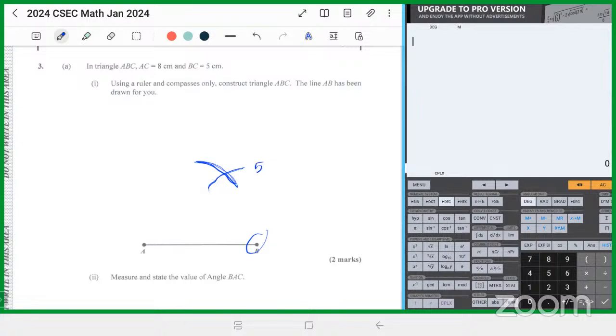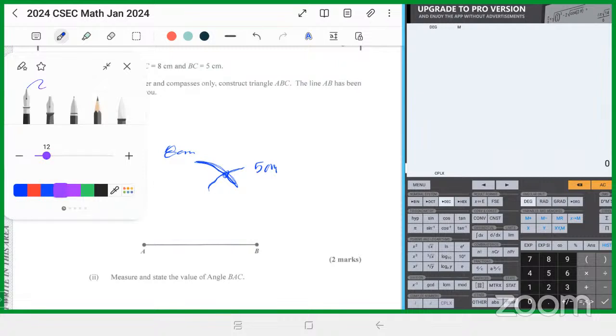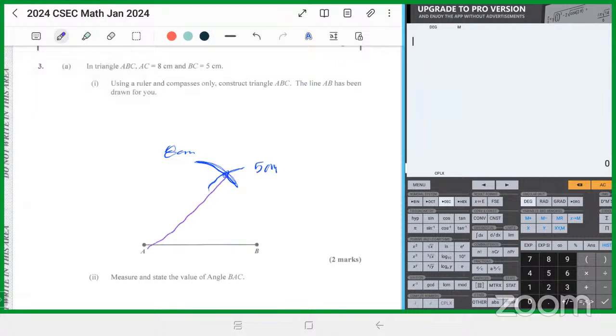And where these 2 arcs meet, that's where I would complete my triangle. That's our placement points. But let's put it on the construction chart.